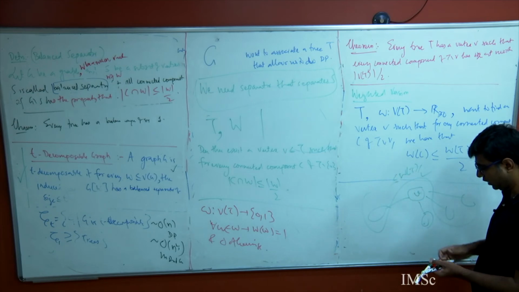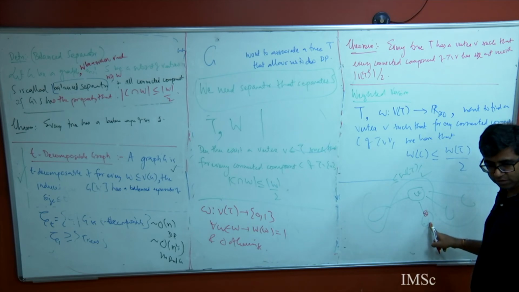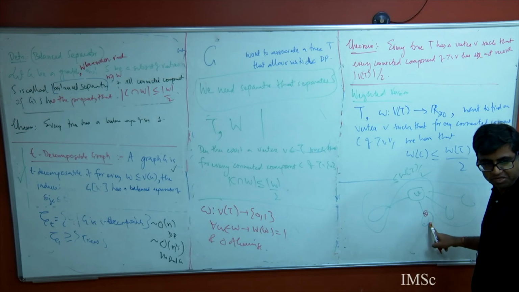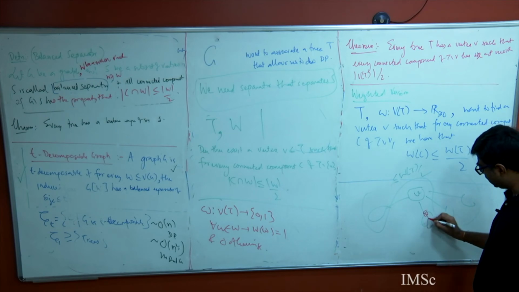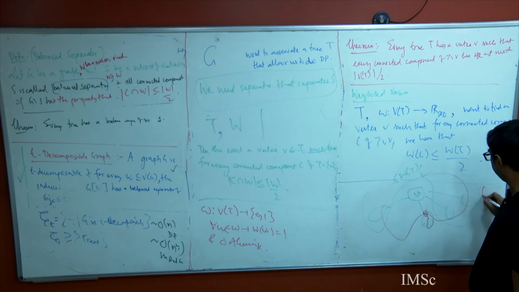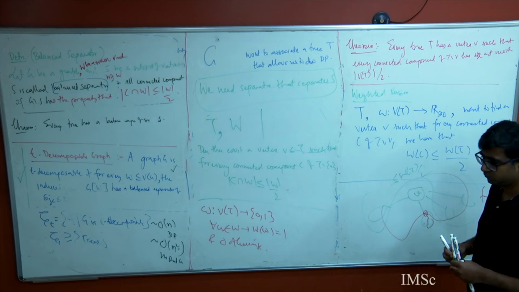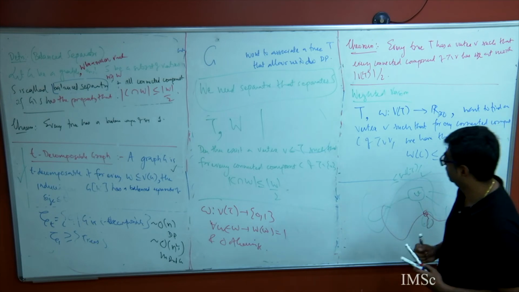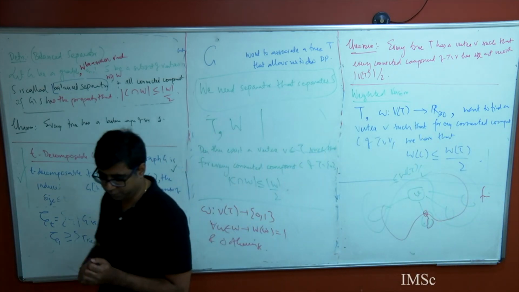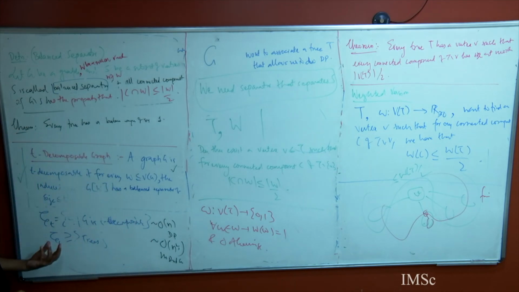Okay, so move the token to the next one here, the heavy guy. Everything else has smaller weight. Keep doing it, in finitely many steps we can achieve this. This is exactly the same proof, it's just that trees had actually a much better property.